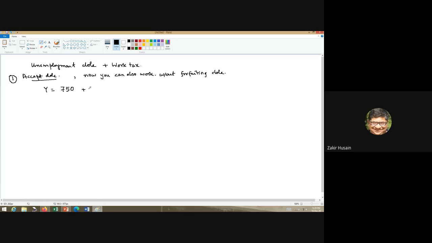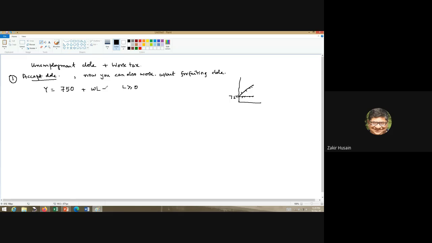Okay. Now, that means you're getting WL when L is greater than or equal to 0. So the function starts from 750. However, you also have a work tax.